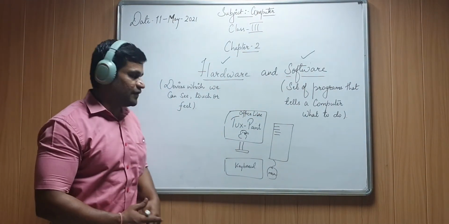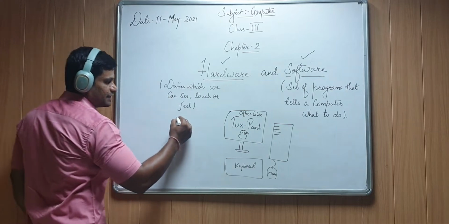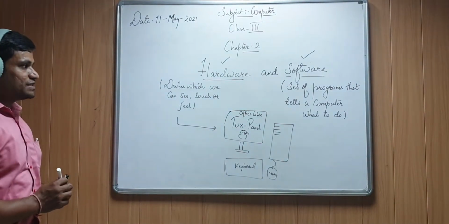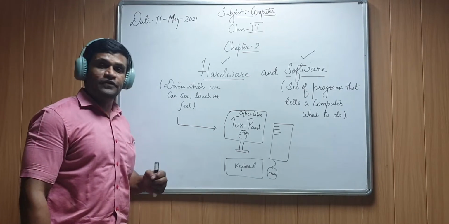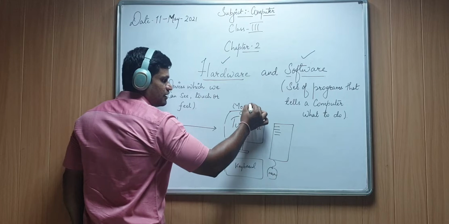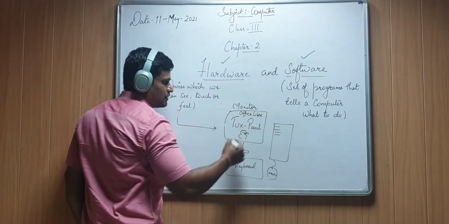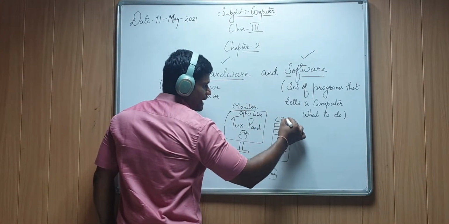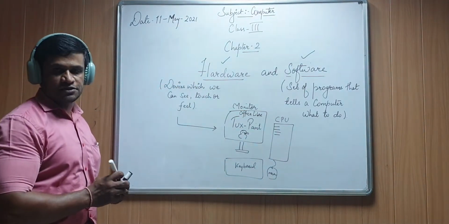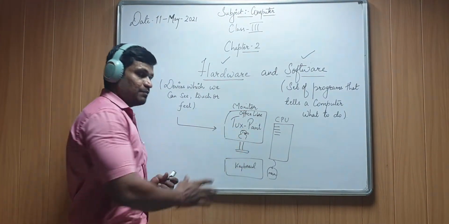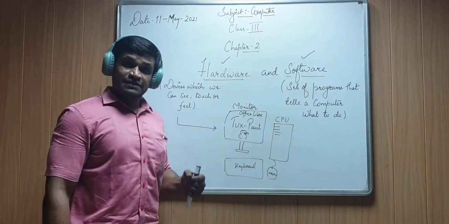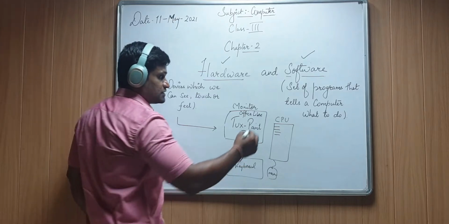So what is hardware? As Sir has written, hardware are those devices which we can see, touch or feel. Like I can see the monitor, I can touch the monitor, I can see the CPU, I can touch the CPU, keyboard I can see, mouse I can touch. But the program which is inside the computer is software. And what is software?